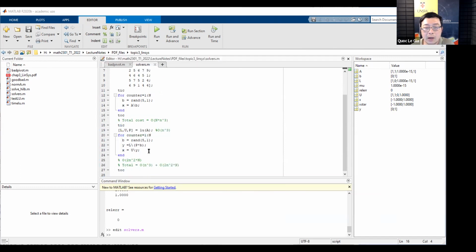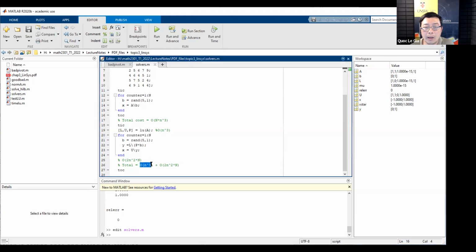In each step, solving the upper triangular or lower triangular system takes only about n square. So the total cost will be n cube for the initial LU factorization, and then you repeat n times, each about 2n square.